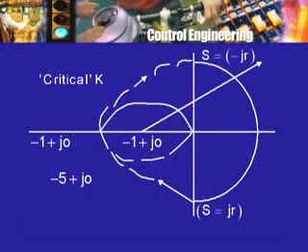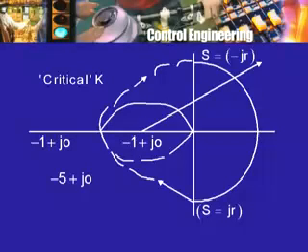So, suppose I increase k by a factor of 3, then I can show it effectively by showing the point somewhere here. So, my point minus 1 plus j0 will now lie here for that value of k. In other words, I have increased k by a factor of 3 from the original value, and now the point minus 1 plus j0 lies here.